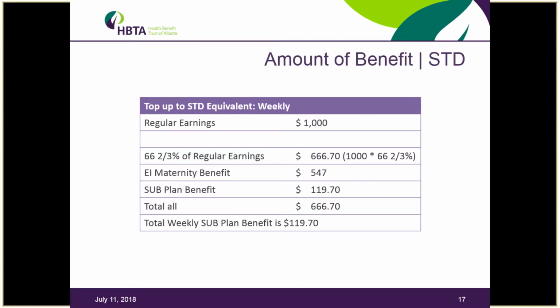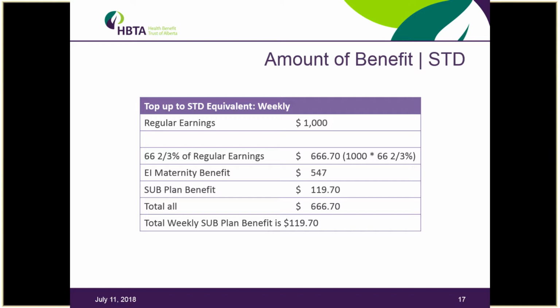Okay, so what does it look like when we're doing STD equivalent? Again, the benefits are weekly, so we're going to assume that this employee has regular earnings of $1,000. What we need to do is calculate the amount of STD benefit that she would receive. So this would be $666.70.